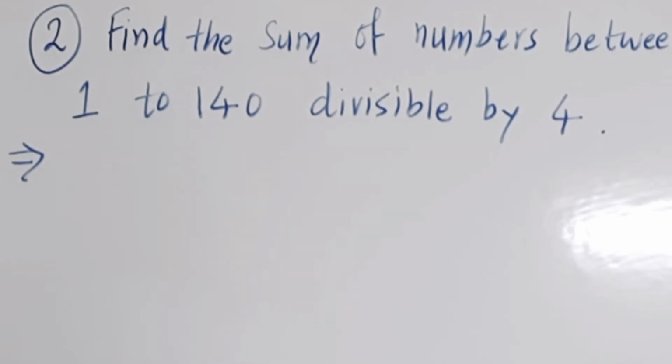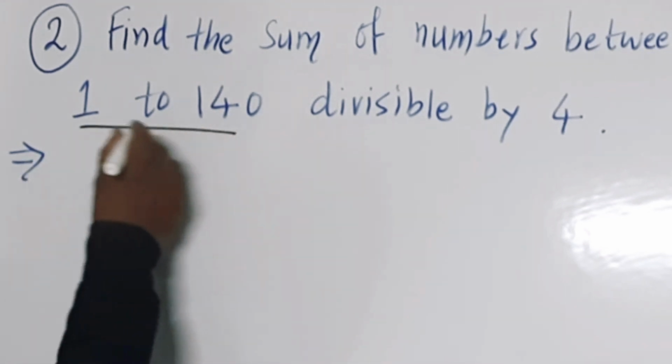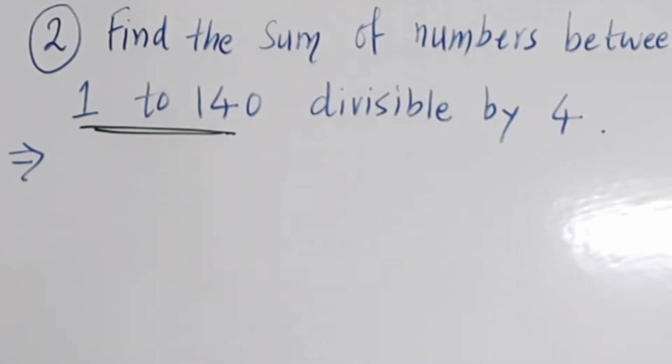Second example. Find the sum of numbers between 1 to 140 divisible by 4. Now, let us first consider the sequence of numbers which are divisible by 4 between 1 to 140.